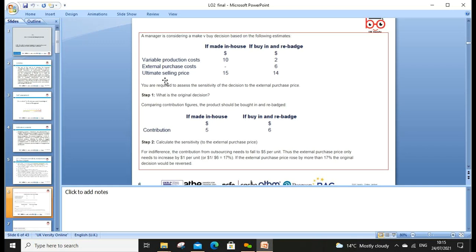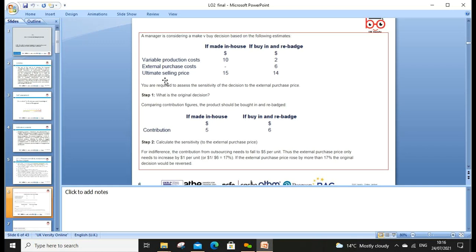So we say 1 over 6. We are looking at all the possible options. If we outsource, the contribution drops from 6 to 5, because the cost will increase. So 1 over 6 is about 17%.